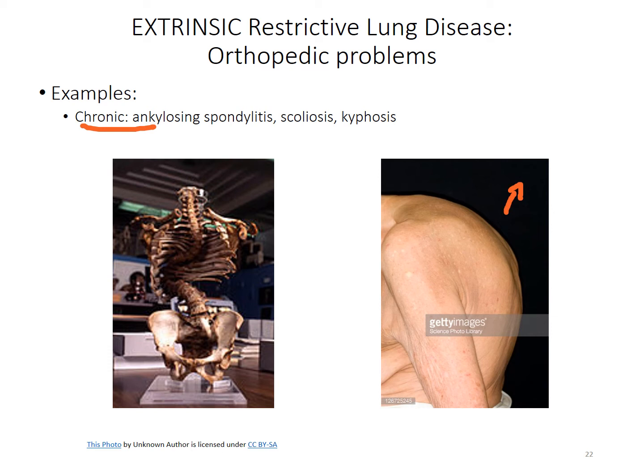But in cases of severe or fixed thoracic deformities, you can see in both of these two pictures, it may be wiser to focus on diaphragmatic excursion, respiratory muscle strength, and balance, as well as postural education and external support as needed. So whether it's splinting or wheelchair support, or whatever is required to prevent worsening of the orthopedic problem.